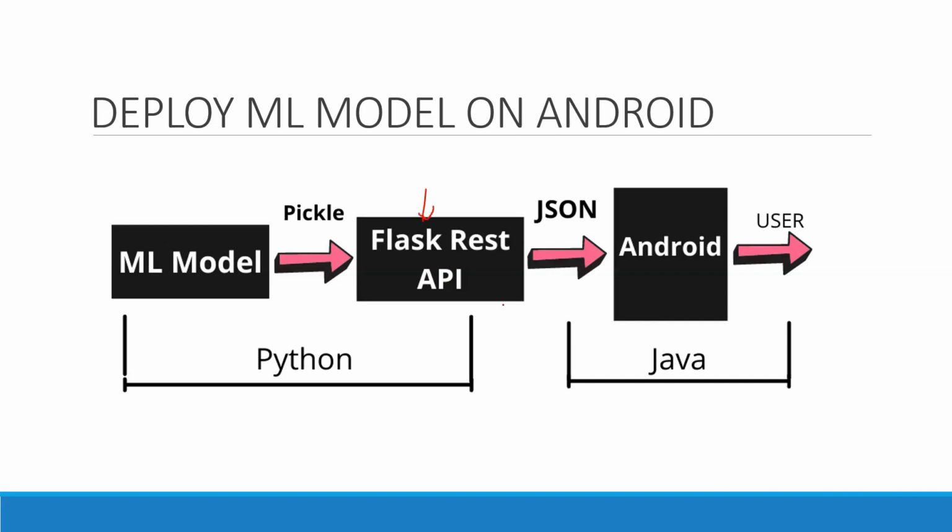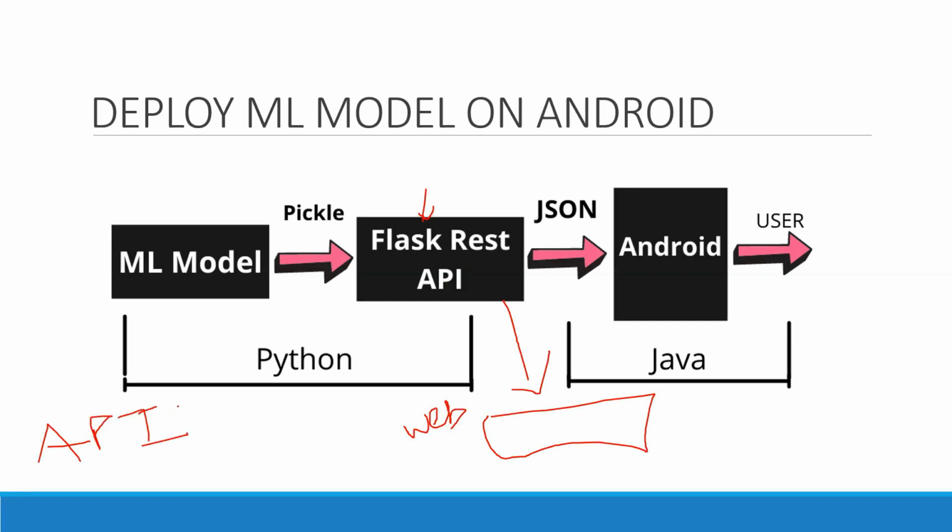It means that if I want to create a web view, I can easily create it. All the things is API, application programming interface. If you just think about one thing, if you have an API, it means you have your prediction model response.